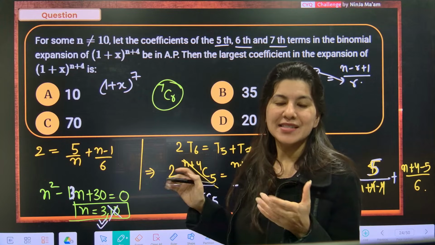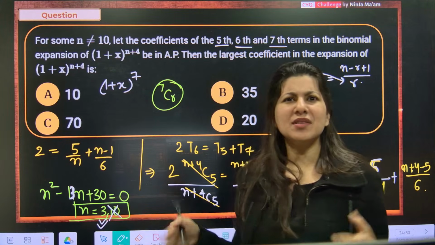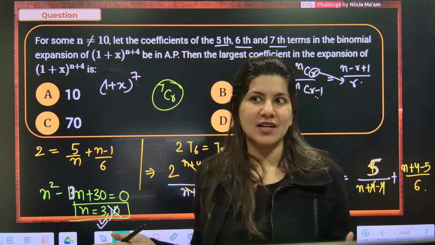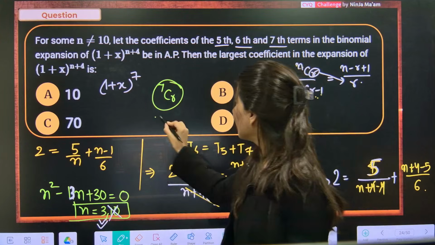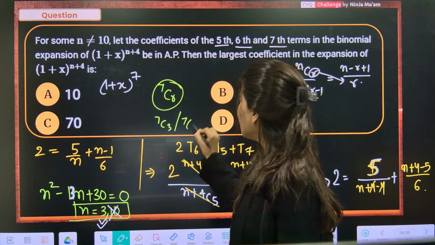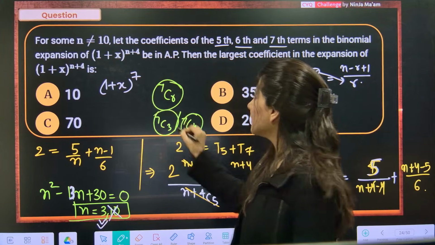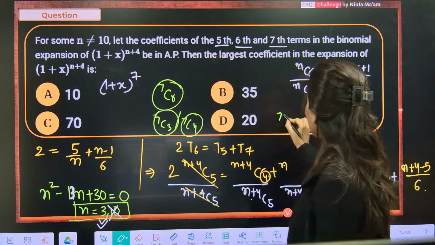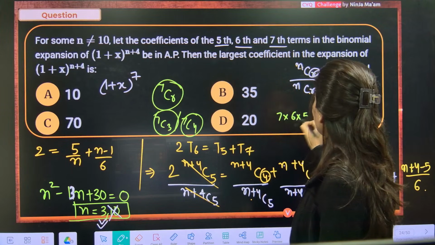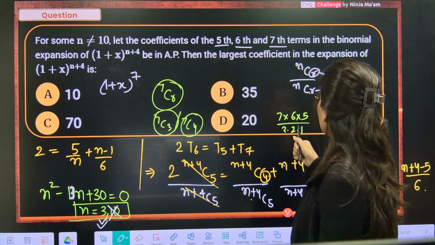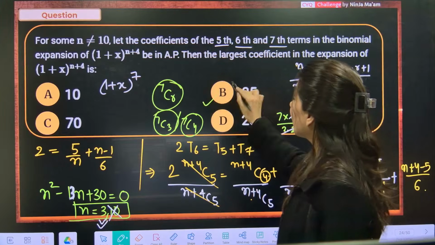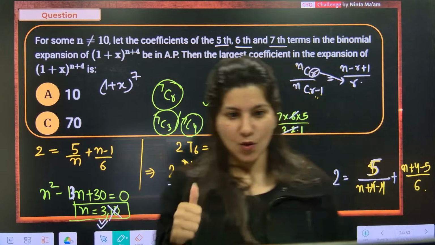So r should be 7 by 2, 3.5. But 3.5 cannot be the value of r. So either 7C3 or 7C4, both are the same, so both will work. So 7 into 6 into 5 upon 3, 2, 1 gives you 35. Option B, absolutely correct.